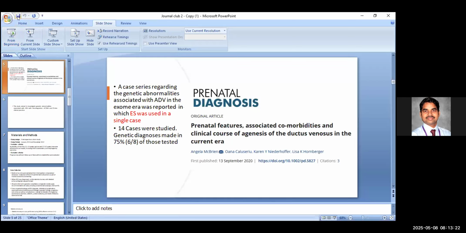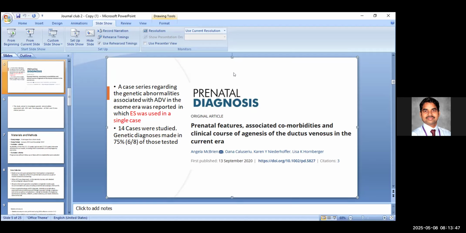Alternatively, hold on, don't do anything. Hold on. Click on the slide once. Yeah, click on the slide, the main slide. Now press the down arrow on the keyboard.